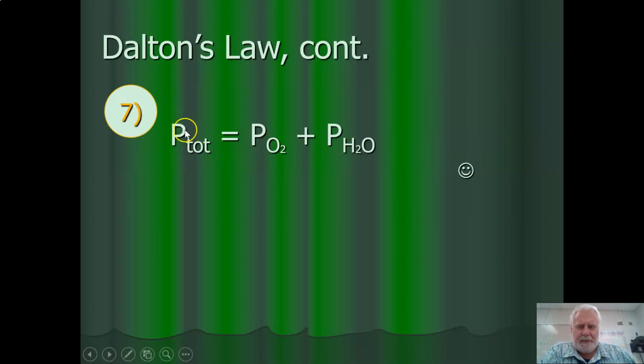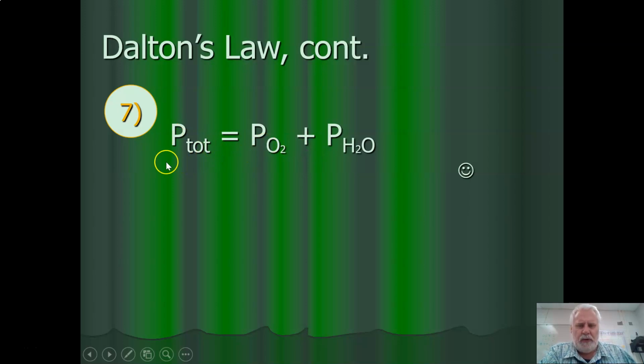You're going to put a capital P, lower TOT, and then you put the formula of the gas, if it is known. You put that formula in there. So this is the pressure of O2, partial pressure of H2O.